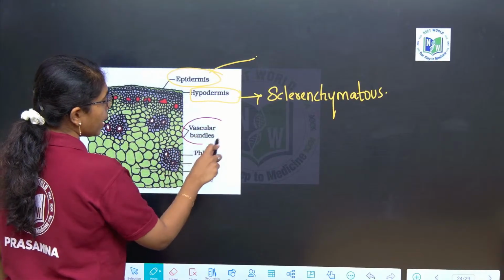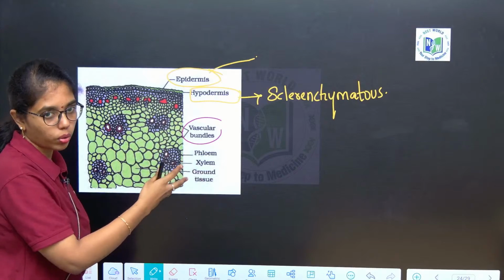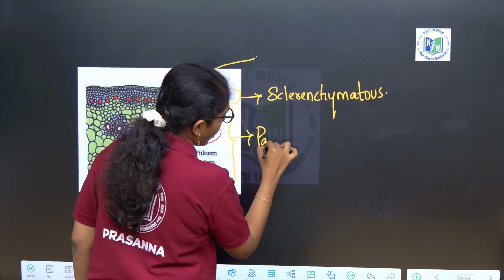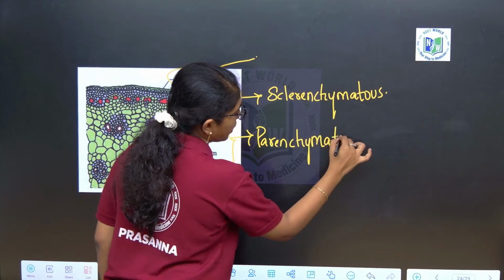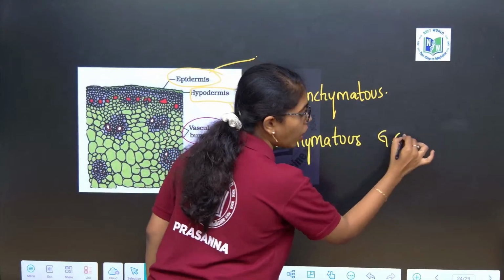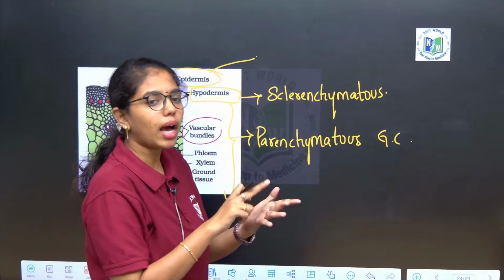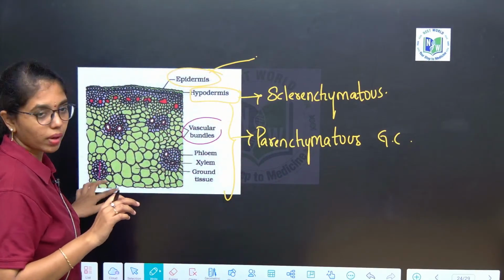And next, completely it is filled with parenchymatous cells only, or you can say parenchymatous general cortex. There is no division of endodermis, pericycle, medulla, medullary rays, nothing is present. After hypodermis, completely it is what?